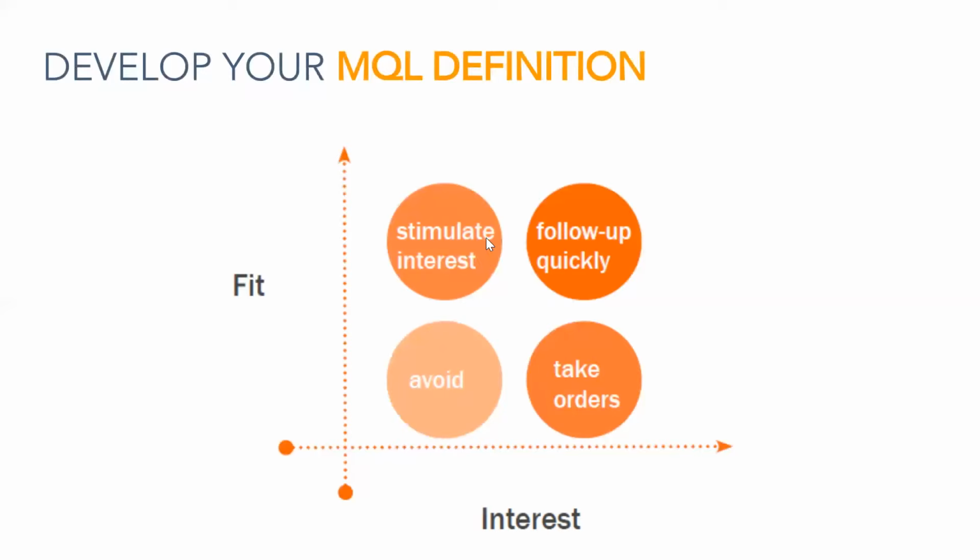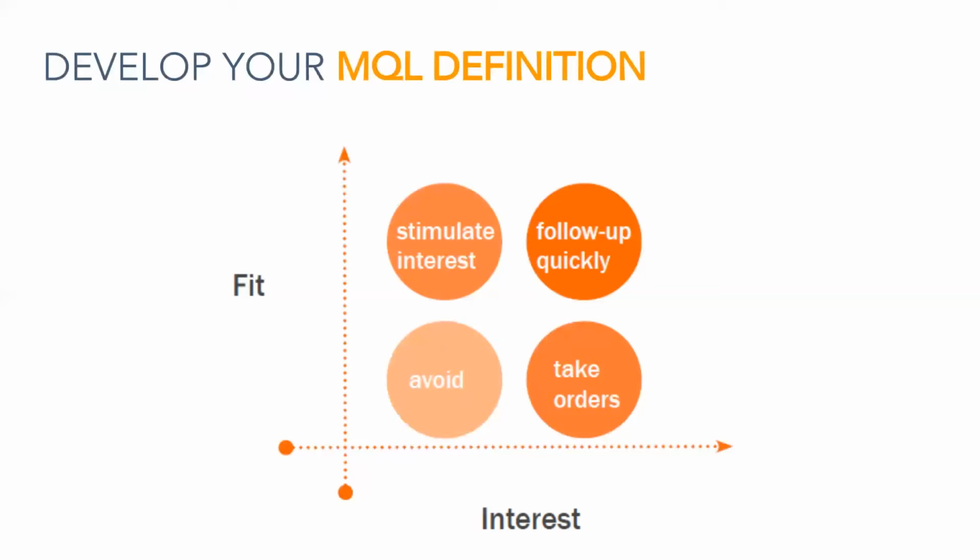It's up to you to target and attract the right fit leads and generate the right interest level that make them sales ready. Every company's definition of an MQL will vary, but it should reflect a combination of traits and actions that indicate a lead is both a good fit for your company and has a high interest level, meaning they're ready to talk to a salesperson.